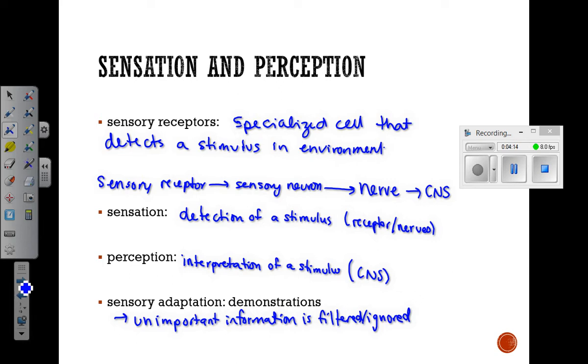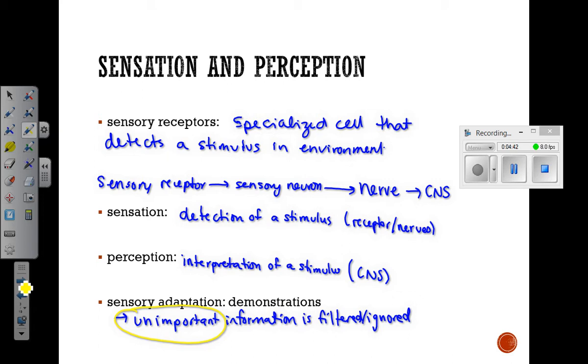I showed you guys all how you didn't hear the clicking of the clock until we stopped, focused on it, and listened, because whether or not the second hand is clicking wasn't super important to your survival at that point in time. So the key point here is that it's unimportant, and what is unimportant can change. So at some points, it might be incredibly important for you to know exactly how many seconds have gone by, but at other points in time, it probably isn't.